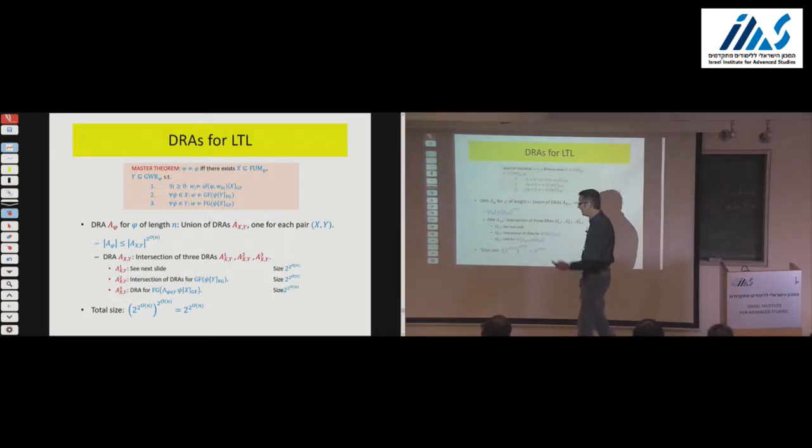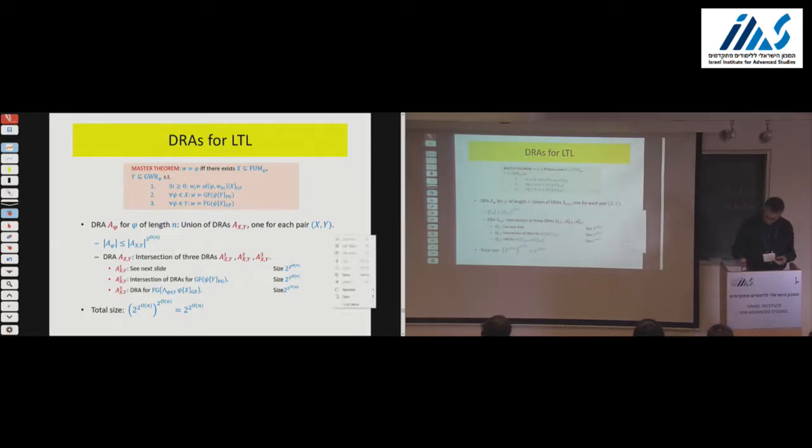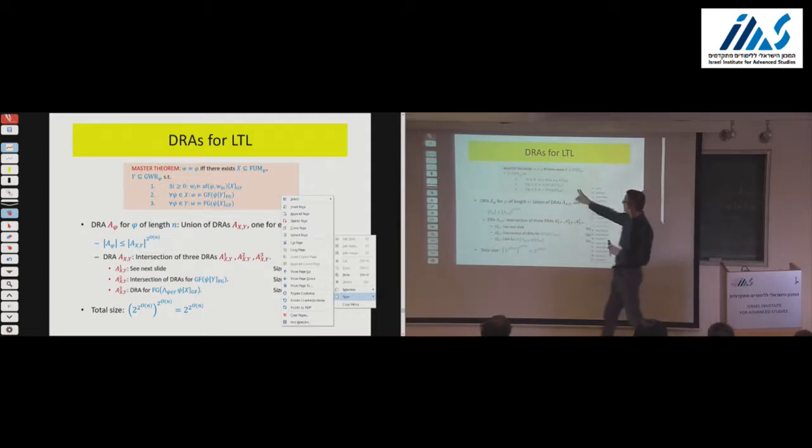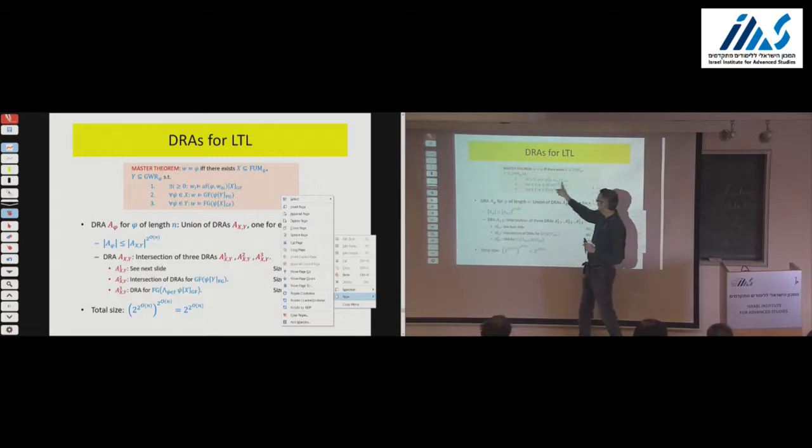Good. So let me tell you how to do this, the A_xy 1, right? And maybe let's try to do it with a drawing first. The question is that you have to remember what we have to do, right? Well, I'll write it when I get to the slide.